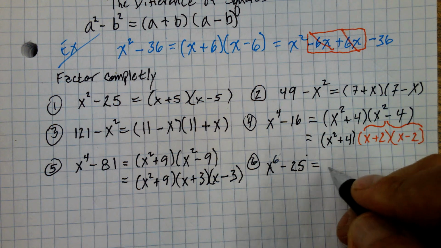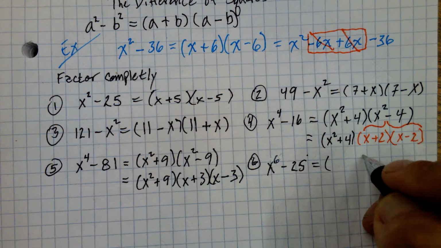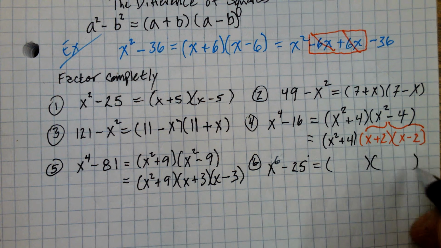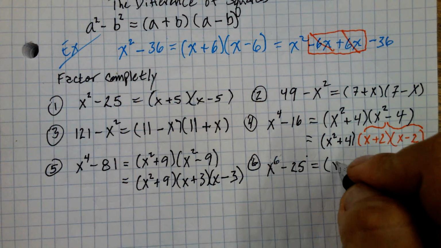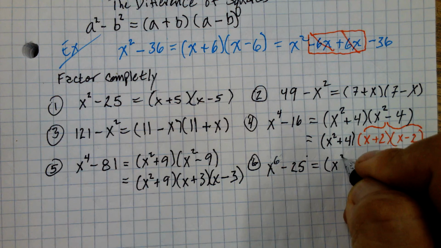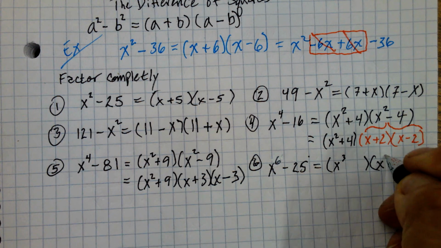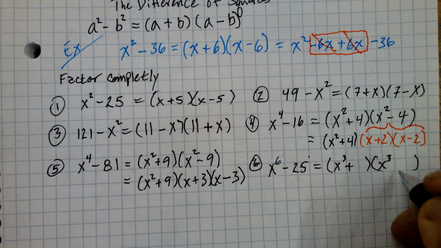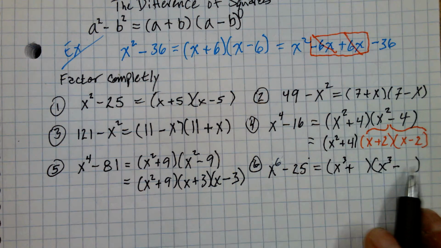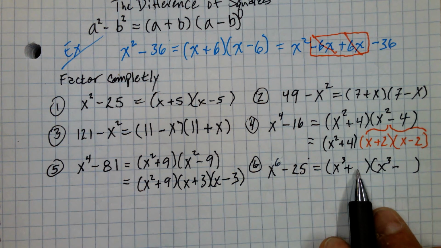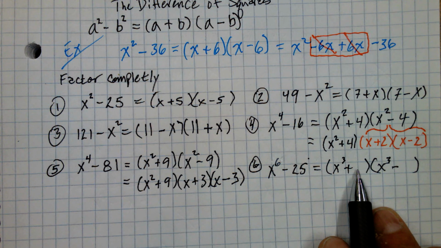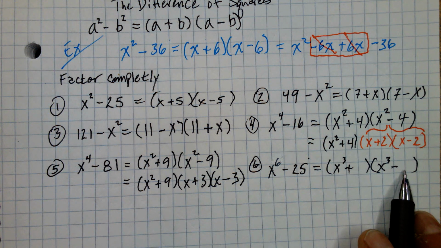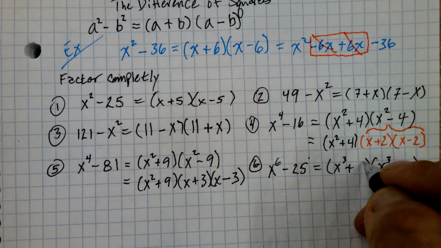And obviously, 5 times 5 is 25. So this would break down into these two factors. x to the 3, a plus and a minus, and what goes behind each of them? What would go here and here? 5.